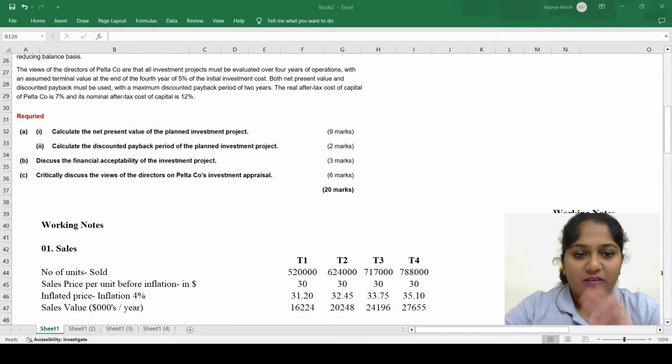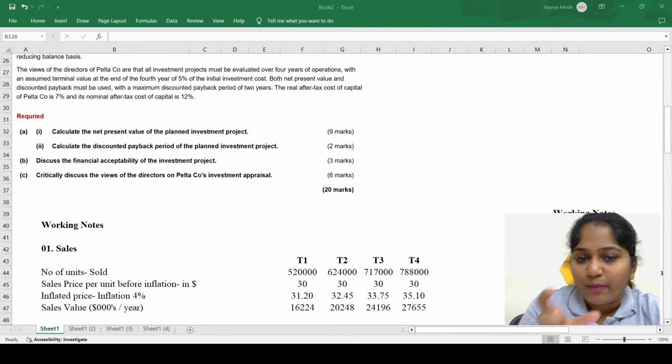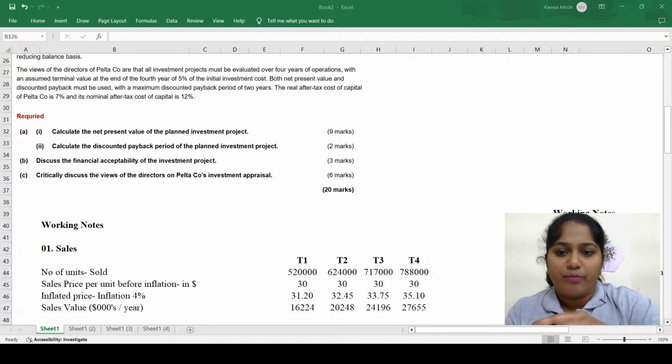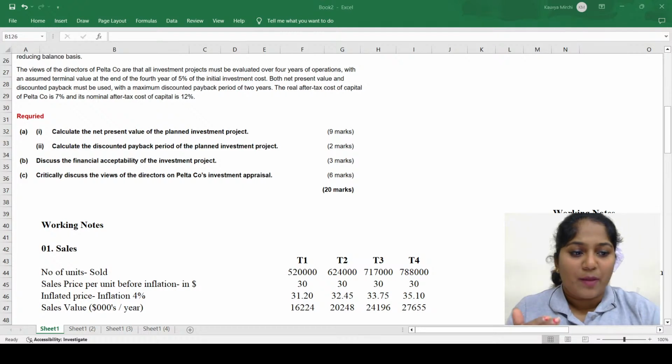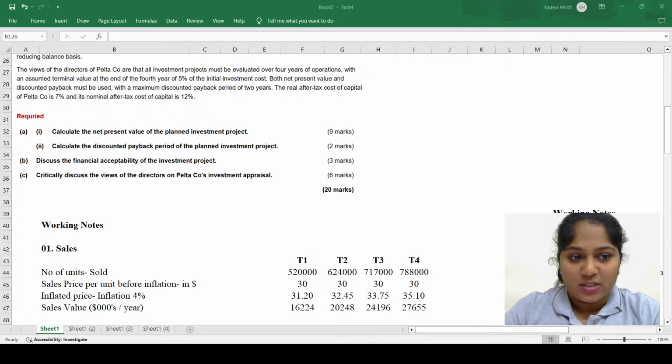The values are very difficult to predict exactly, and the risk is that you're keeping it lower, because an earlier payback period will have low risk, a longer payback period will always have higher risk. Correct, everyone? So that is how we have to analyze the project. That gives you the entire 6 marks.